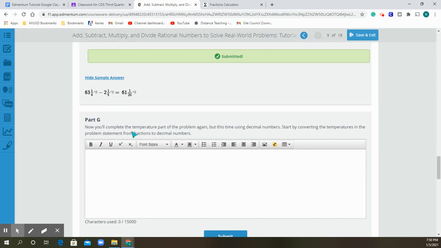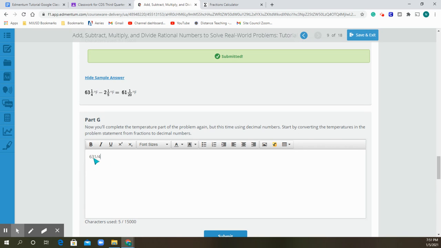Now you'll complete the temperature part of the problem again, but this time using decimal numbers. Okay, so start by converting the temperatures in the problem statement from fractions to decimals. Now, if you don't know how to do that, it looks like this. We're doing the division, so 63 and 1/4.